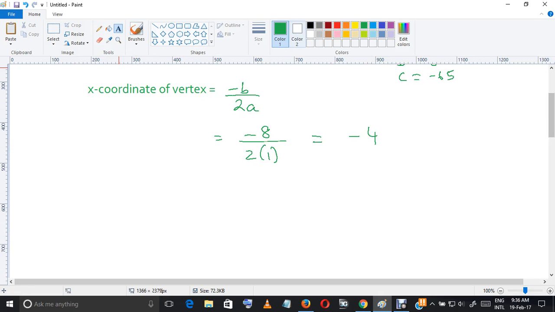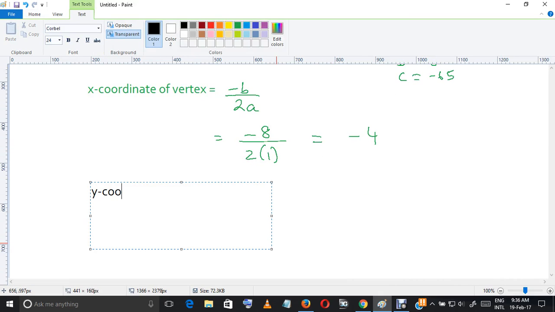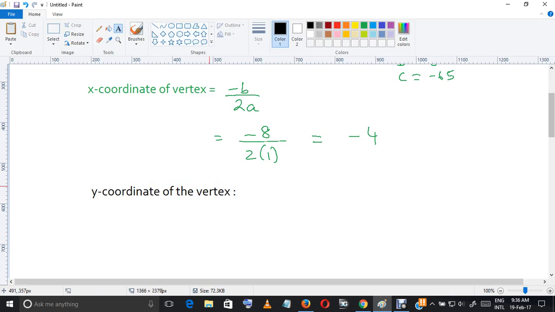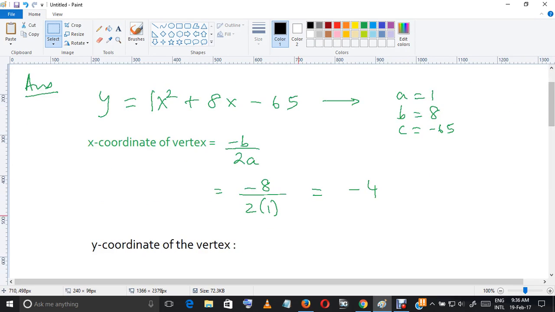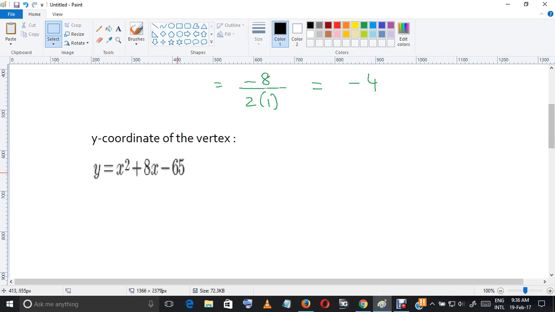And now if you're solving for the y coordinate of the vertex, you are simply going to take this equation and you're going to substitute the value x is equal to negative 4 and get the answer.